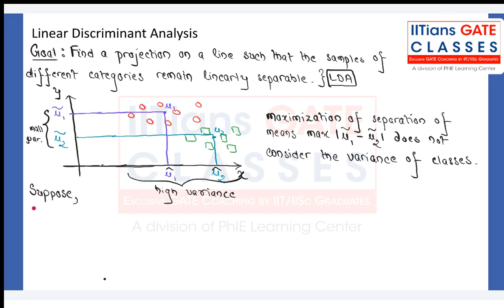The number of categories, or number of classes, is 2. So a sample can belong either to class 1 or to class 2. There are n samples.